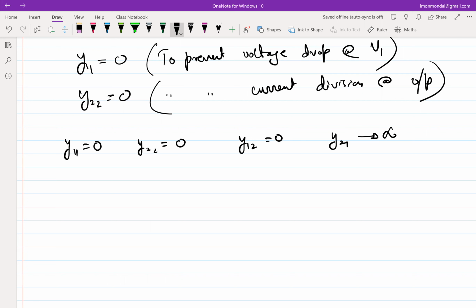Now note that these are all small signal parameters, right? These are the small signal parameters in which we are more interested, but we know that this has come from an underlying IV characteristic of the network, right? So what is the IV characteristic telling you if Y11 is 0? Not necessarily, right? Y11 equal to 0 does not mean a current source.